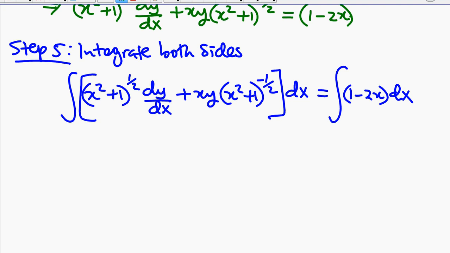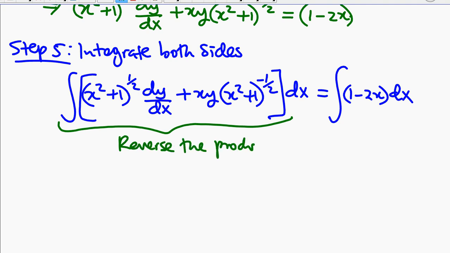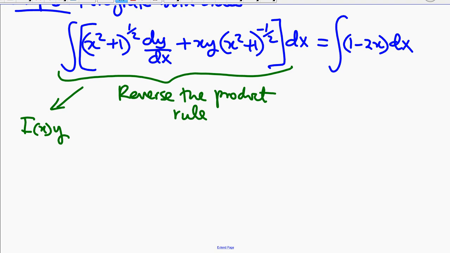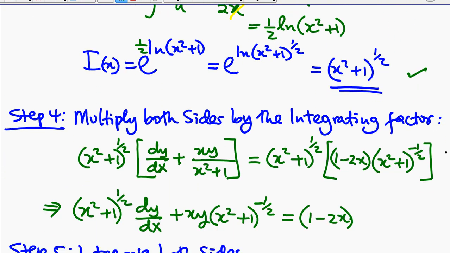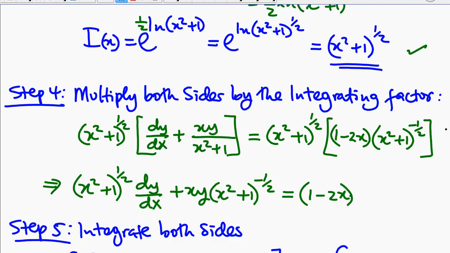So what you can do at this stage is reverse the product rule for this part. Another way to reverse the product rule is to just multiply the integrating factor by y, and that's basically what we'll do. Our integrating factor was x squared plus 1 to power a half.